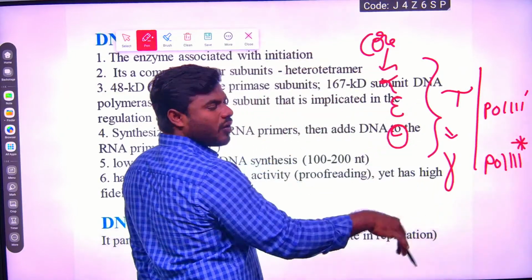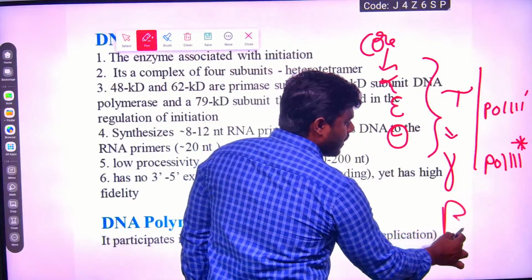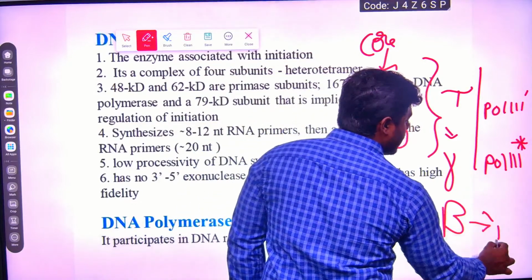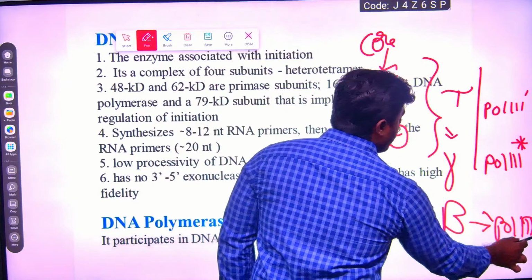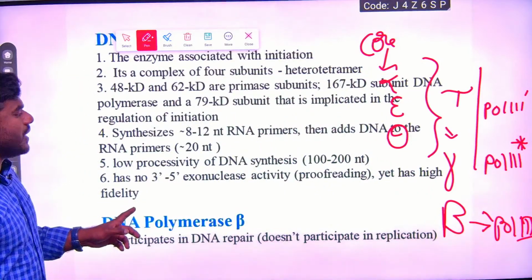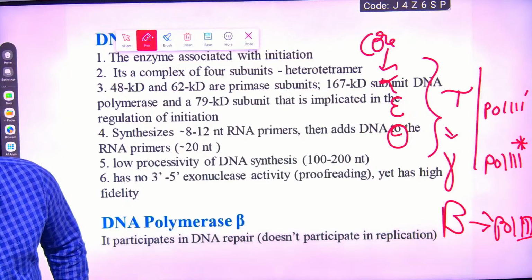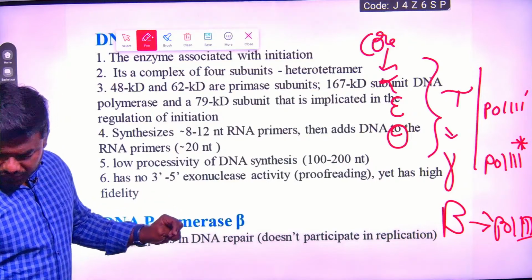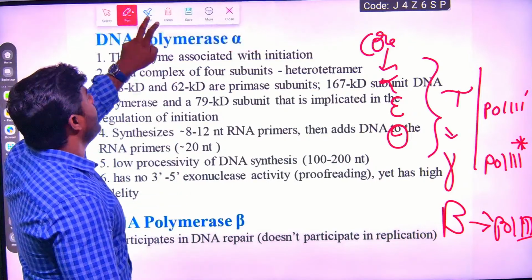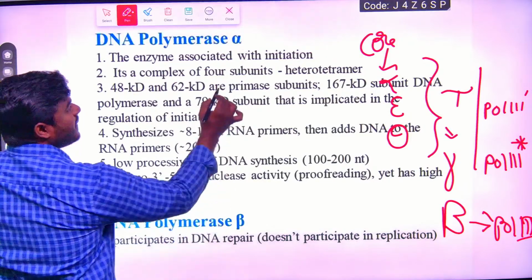When this entire complex is associated with the beta clamp, what do we call it? Polymerase 3 holoenzyme. Holo generally represents the complete enzyme, correct? No point in getting confused there. So I hope all of you understand here.